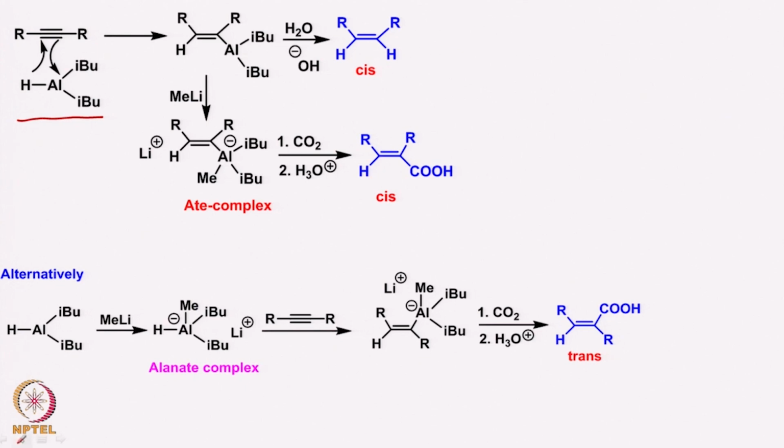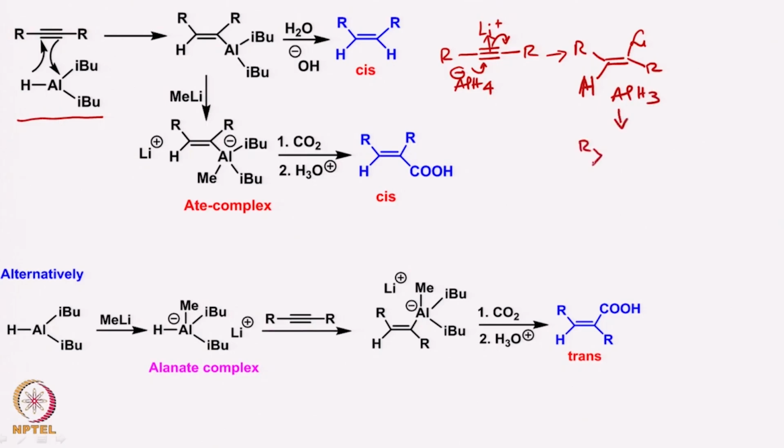As you can see, the triple bond interacts in the case of lithium aluminum hydride in such a fashion that the lithium plus interacts first and therefore AlH4 minus attacks from the lower side, and then electron density moves to form the corresponding lithium here and hydrogen with AlH3 released, and this is what leads to the corresponding AlH3 minus, lithium plus and R here, and then this leads upon protonation to the corresponding trans olefin.